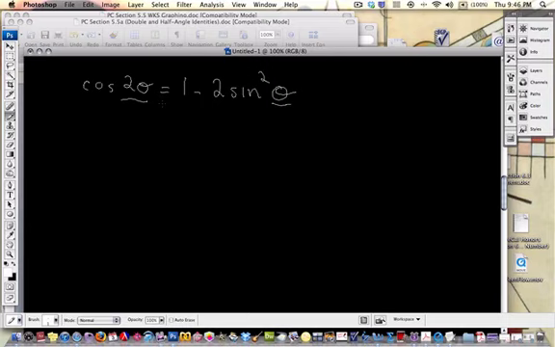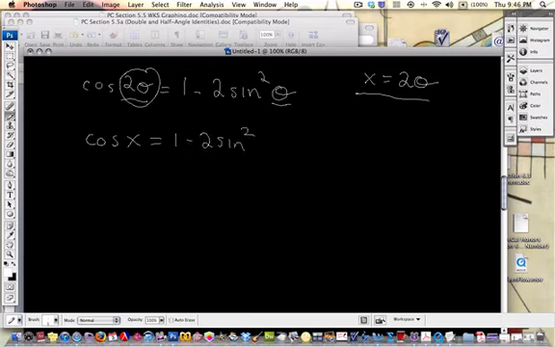Let's do it like this. Let's let x be equal to 2 theta. So I'm going to take out my 2 theta in this formula and replace it with an x. So that becomes cosine x equals 1 minus 2 sine squared, and then for theta, since x is 2 theta, if you divide by 2, theta equals x over 2.